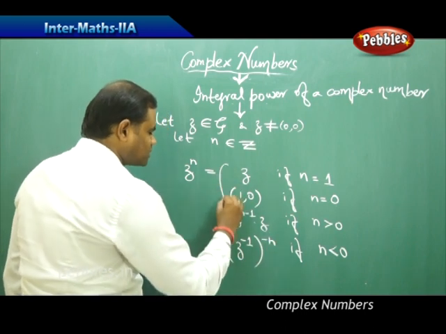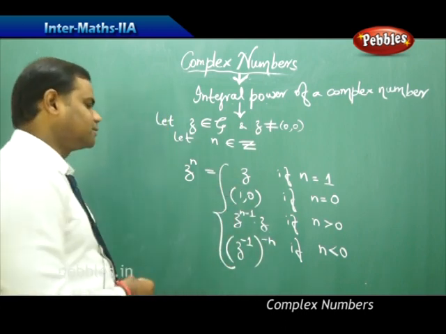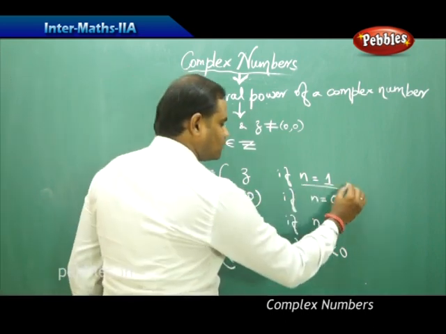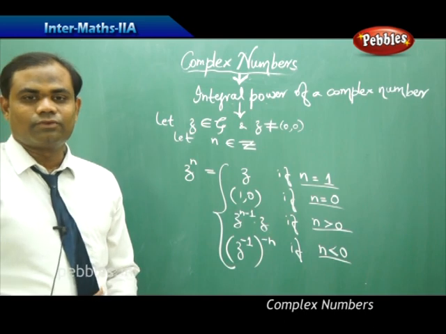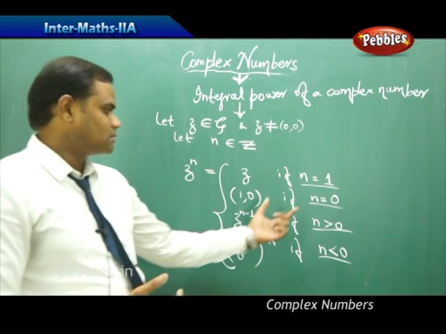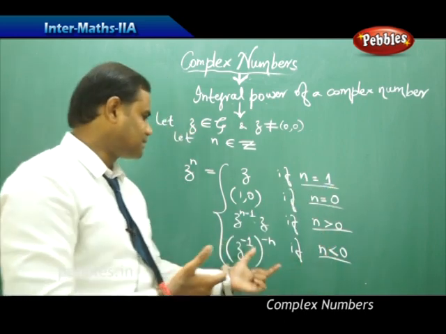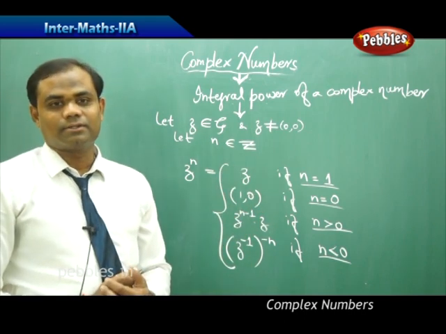So these are the various properties we see in integral powers for each of n equal to 1, n equal to 0, n greater than 0, and n less than 0.